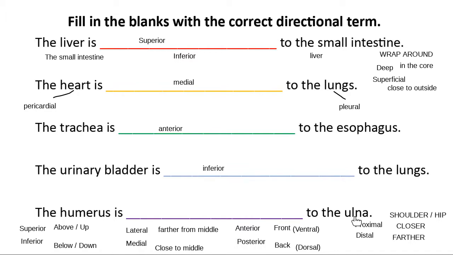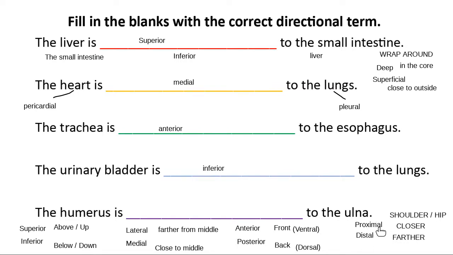In this case, is the answer yes or no? Yes, it is this time. We're talking about the humerus, which is what we find in your upper arm, and the ulna that we find in your forearm. Because we're comparing two things that are in the arm, these are our only options.